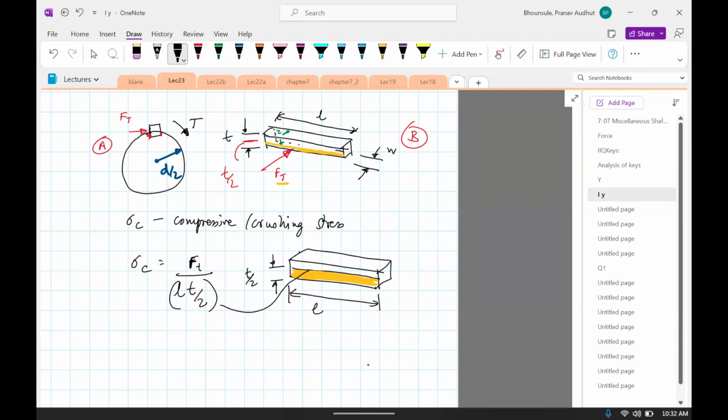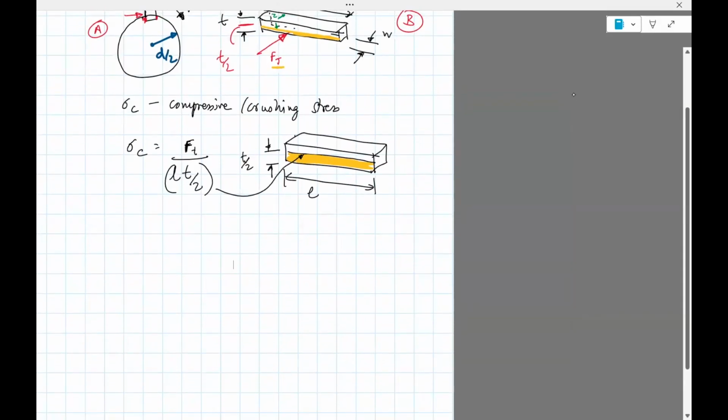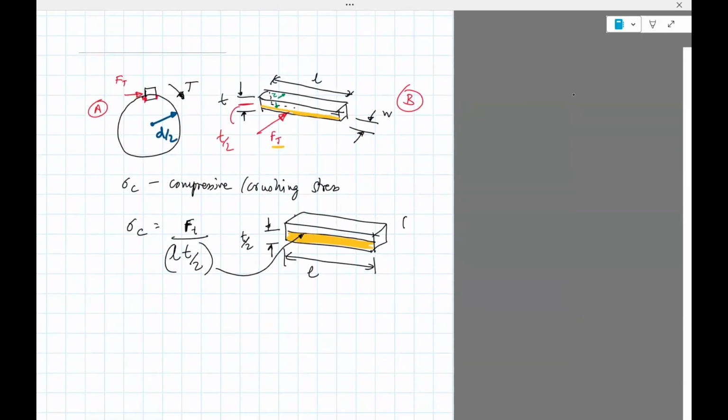This is the orange area. So this comes clearly from B. And we also know that the torque is Ft times d divided by 2. This comes from A as before.